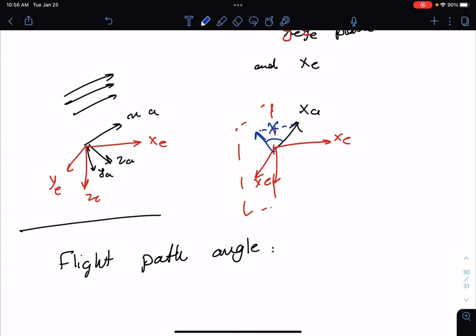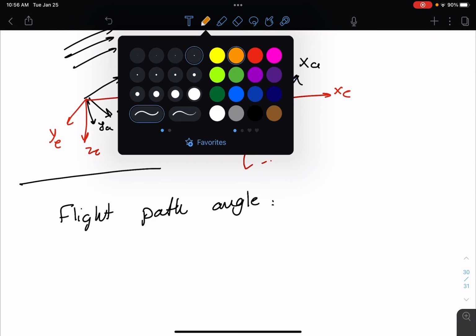This will be your azimuth angle. Flight path angle, on the other hand, has the previous definition.